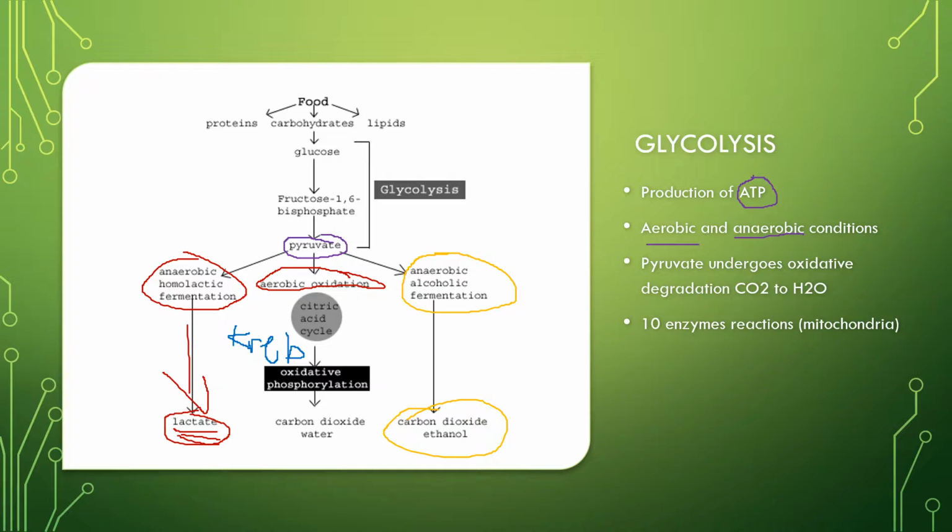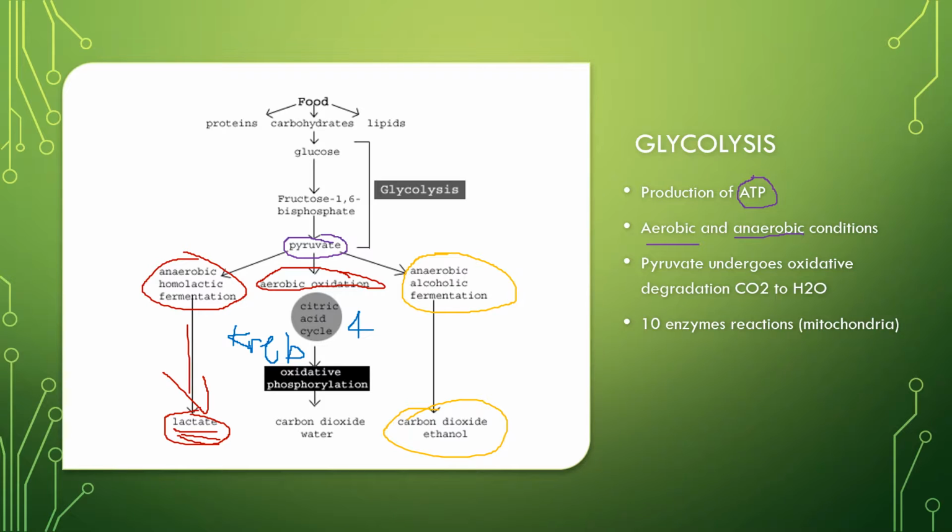Then that's another 4 ATP that's made in the citric acid cycle. And then we have the oxidative phosphorylation. Now that is the electron transport chain.